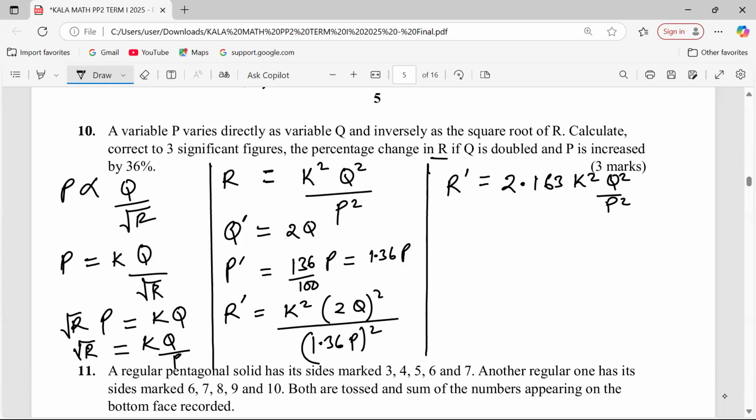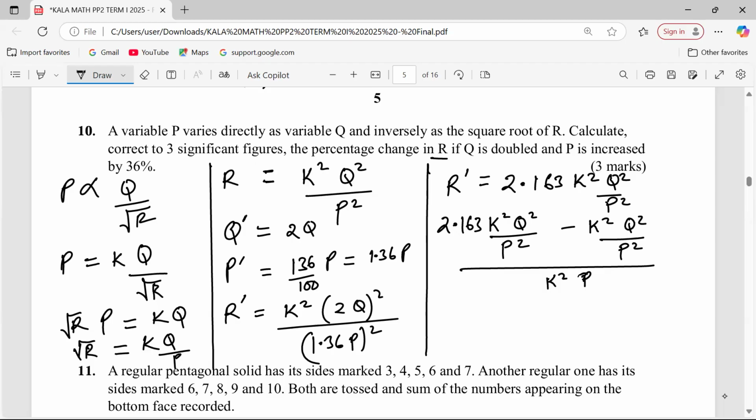So as to get percentage change in R, we need the new R, 2.163 K squared Q squared divided by P squared, minus the original K squared Q squared out of P squared. Then we also divide by the original K squared Q squared over P squared.